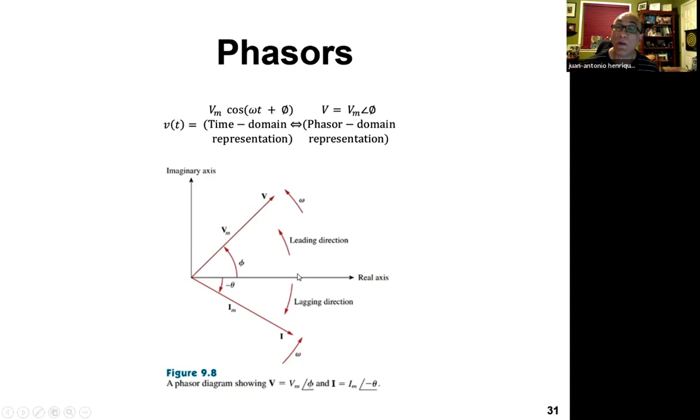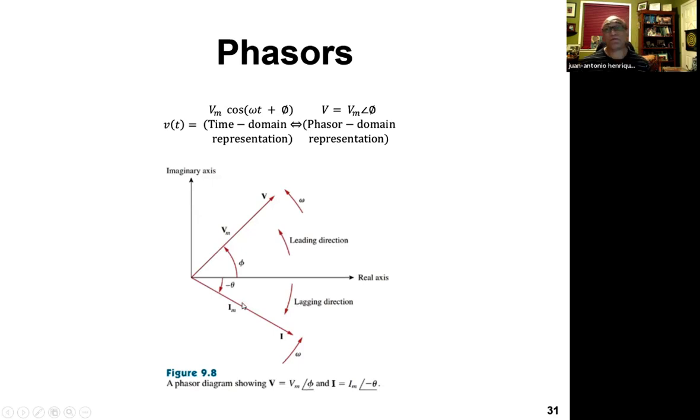When we move counterclockwise, we're saying that this is the leading direction. And when we move clockwise, we're saying that this is the lagging direction. So in this picture, this phasor V is equal to this amplitude V at an angle of phi. And this phasor I is equal to this amplitude Im at an angle minus phi, minus phi because it's in the other direction.